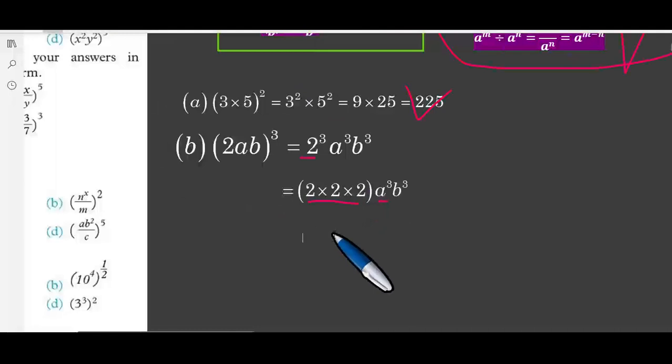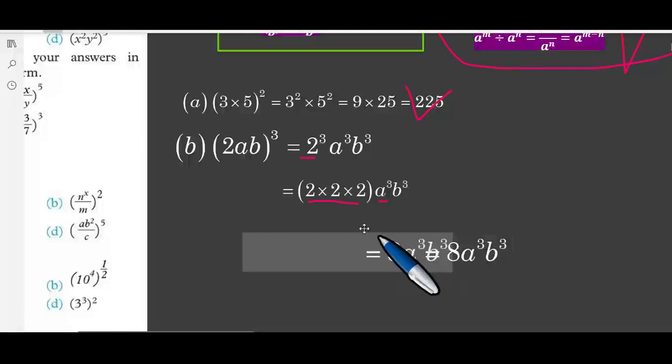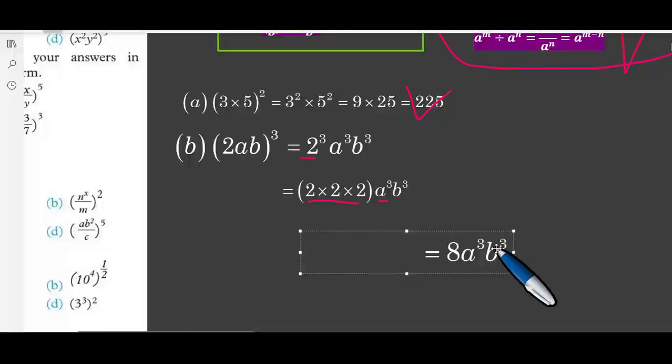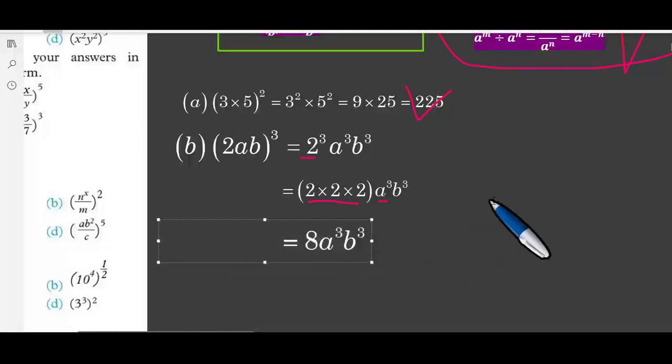Now the last step is this. Here I expanded this power to get 8.